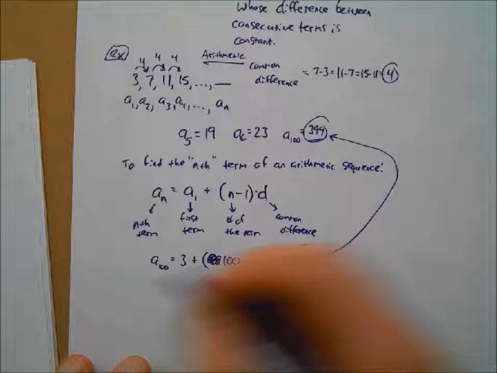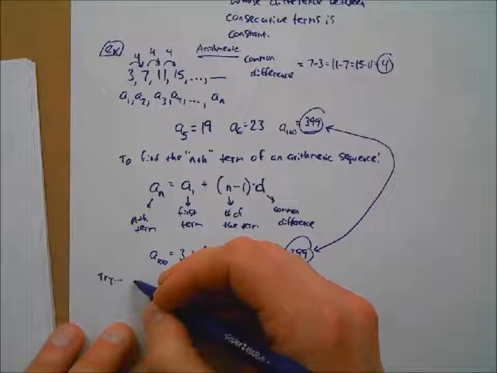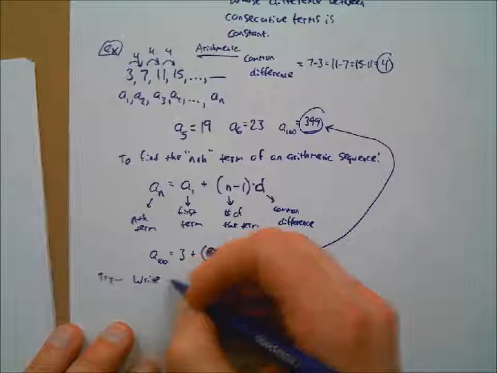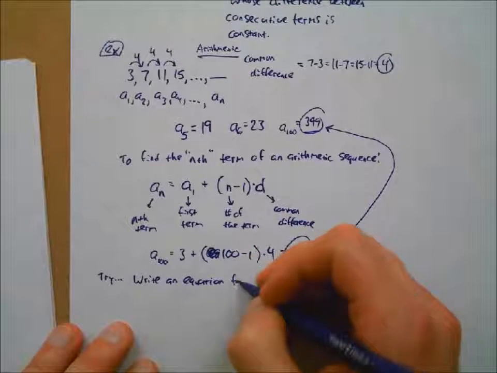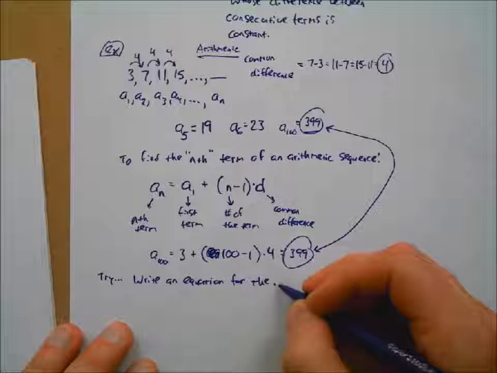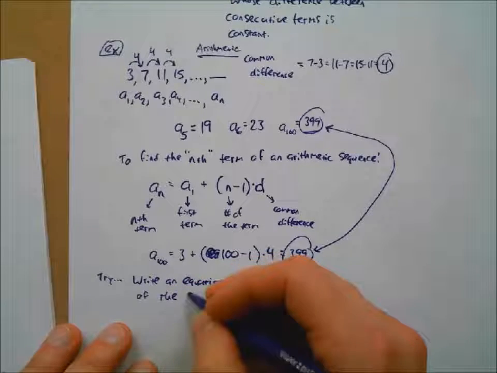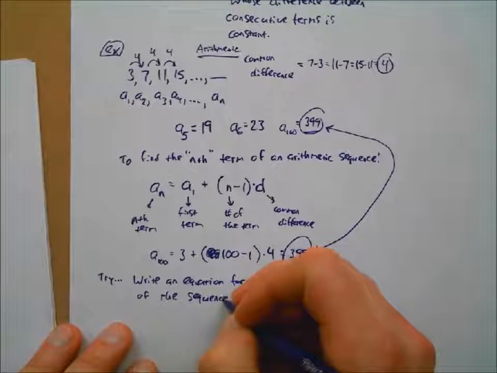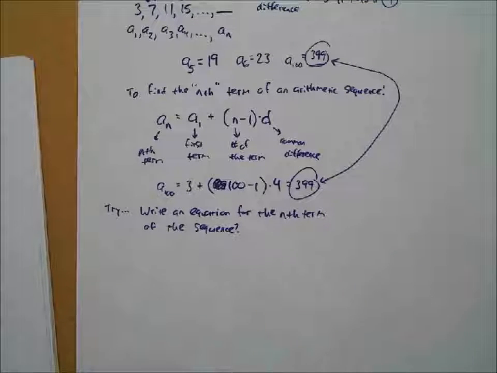All right, let me give you guys one here. Maybe this one is just an extension. Write an equation for the nth term of the sequence. I don't know why I put that as a question mark, but anyway. The same sequence we were talking about, the one that started with 3, 7, 11, 15, write an equation for the nth term of that sequence.